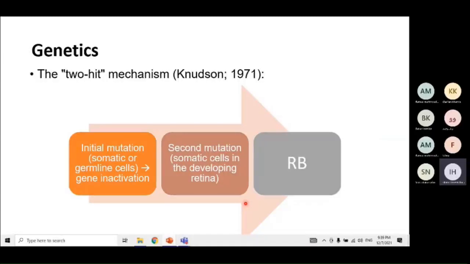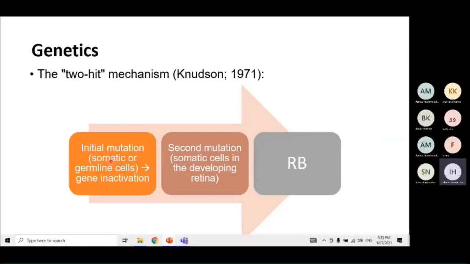There is what we call the two-hit mechanism proposed by Knudson in 1971, which indicates that there is a tumor suppressor gene. There is an initial mutation which leads to inactivation of one of those tumor suppressor genes.